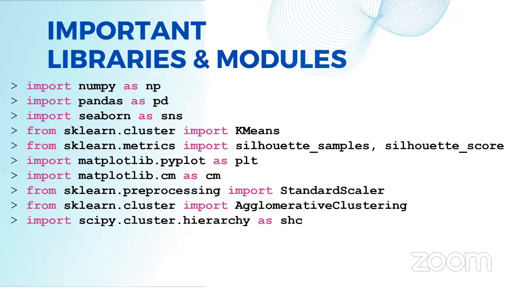Then there is the pandas library, which offers powerful data structures like data frames and series for data manipulation and analysis. After that, there is the Seaborn library, which we import as sns.